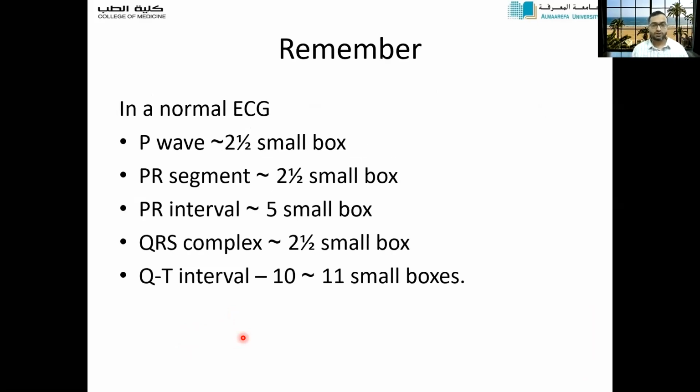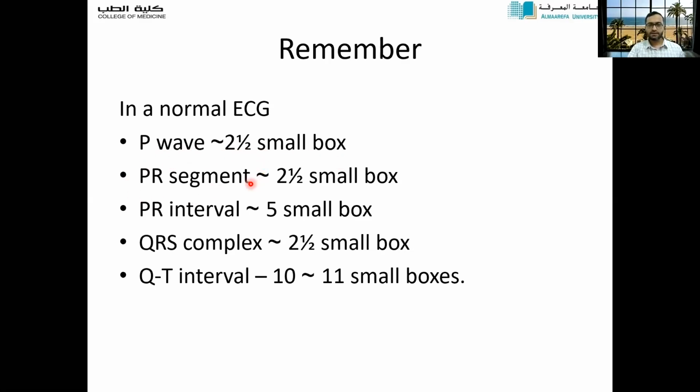I have shown you so many values. So before proceeding towards how to read the ECG, just to sum up all those things, I'm giving you one clue, an easy way of remembering this. You can remember the formula of 2.5 small squares. The P wave is always not more than 2.5 small boxes.